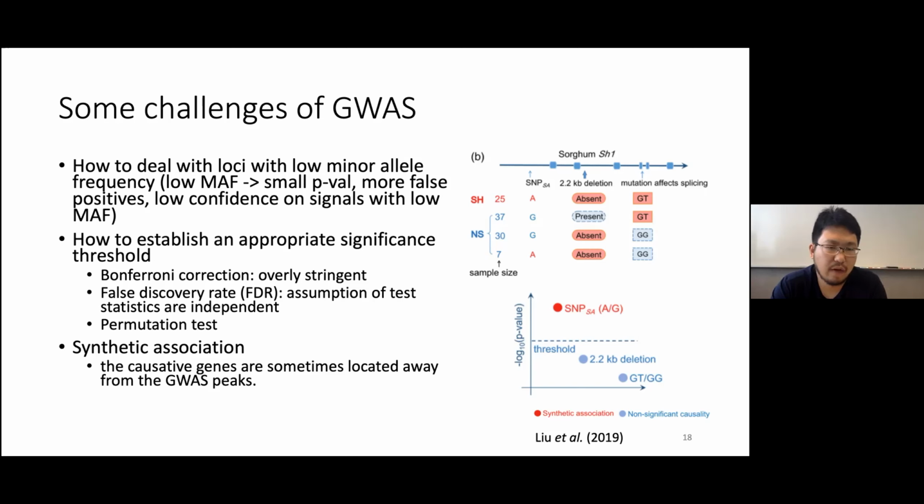If you have a smaller set of inbred lines or genotypes, say 100, then that would be only a few individuals. I'll show an example in later slides that these rare alleles, the markers with smaller minor allele frequency, usually less than 0.05, usually have larger effects and can be causal genetic variants underlying a lot of traits.